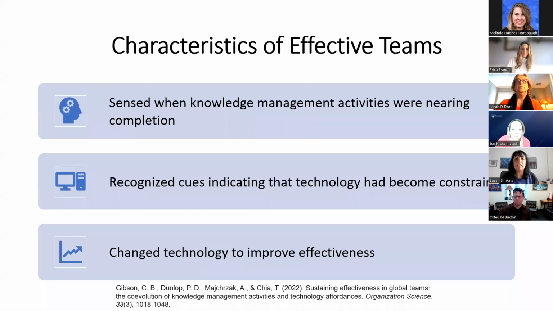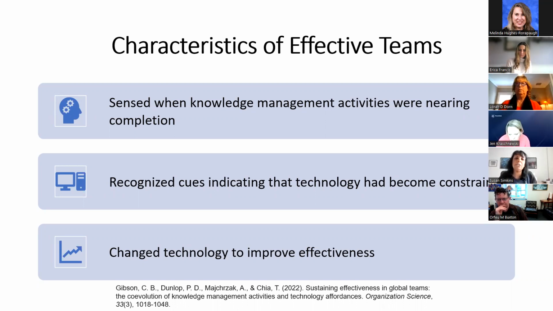So, characteristics of effective teams in this sample, and they were focusing here on global teams in particular, is that they sensed what knowledge management activities they needed to shift. So, okay, we've done enough accumulation. We need to move into more synthesis and integration, recognizing that.